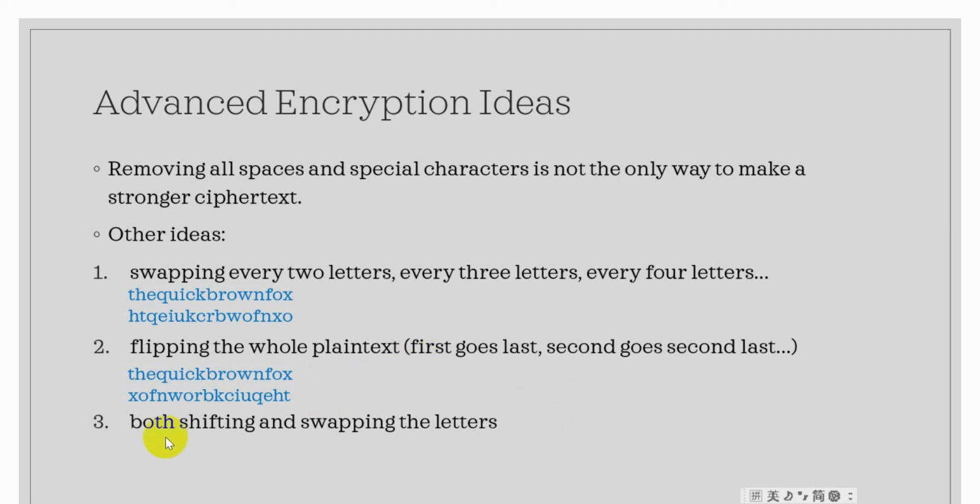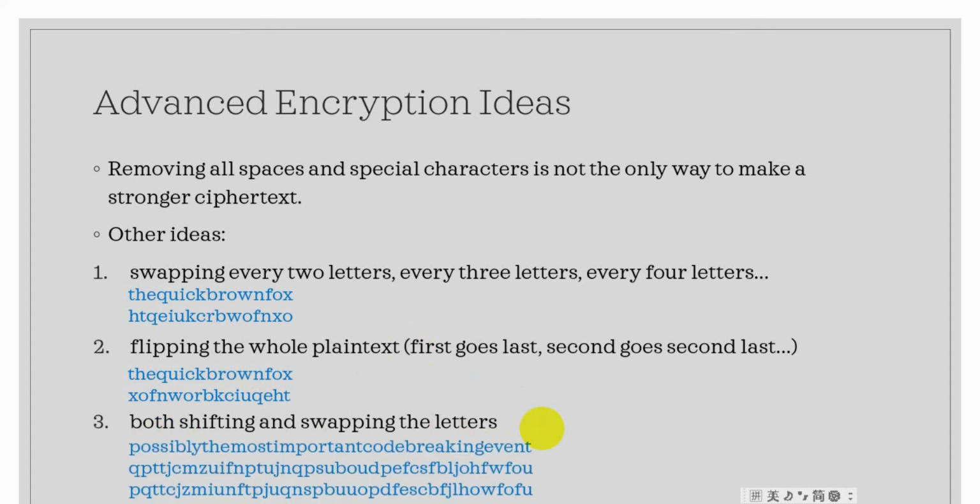The third one is both shifting and swapping the letters. So we're combining number 1 and number 2. If we have this, "possibly the most important code-breaking event," first we encrypt it with an offset of 1: P becomes Q, O becomes P, S becomes T, and all the way to T becoming U. This is our encryption with shifting, and then to make it even stronger, we want to swap it.